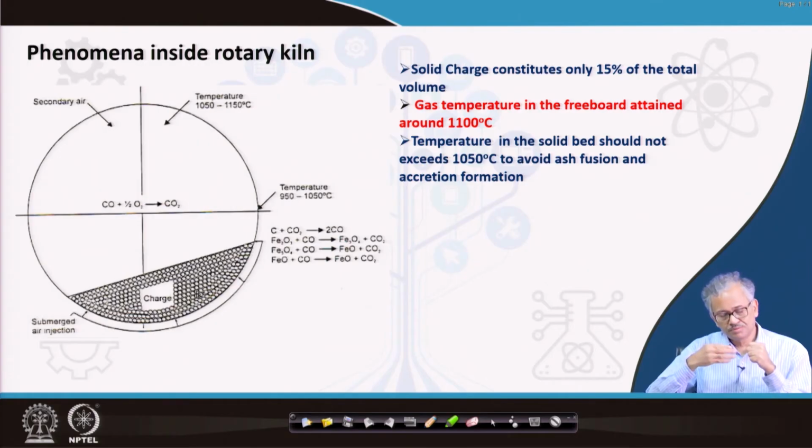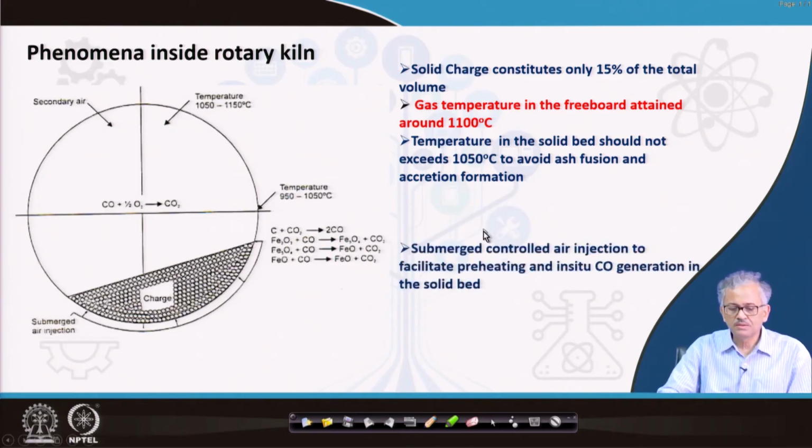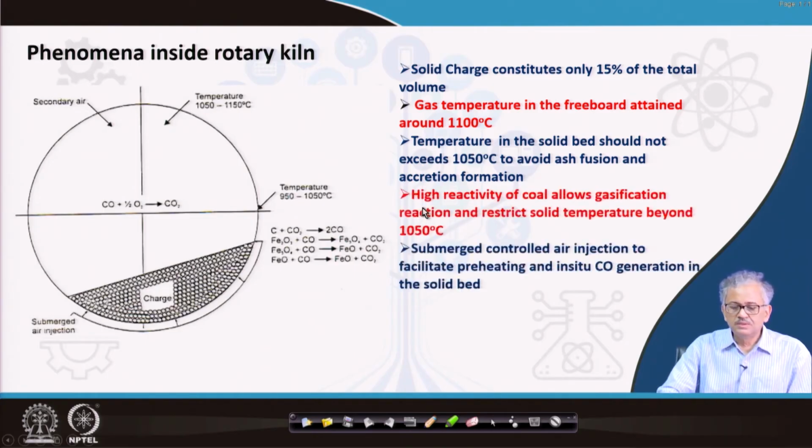Temperature in the solid bed should not exceed 1050. As I said, inside the solid bed it should not exceed 1050, because if the temperature is very high, then incipient fusion of the ash will increase the propensity for the formation of accretion.